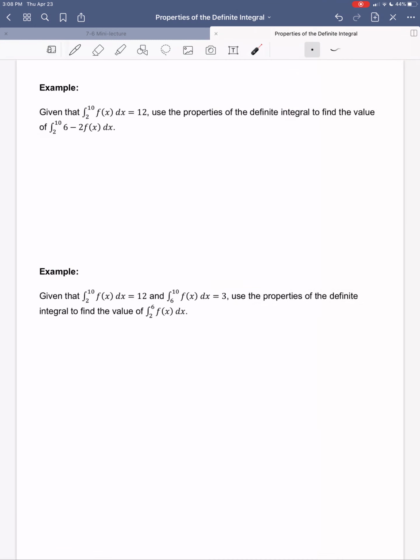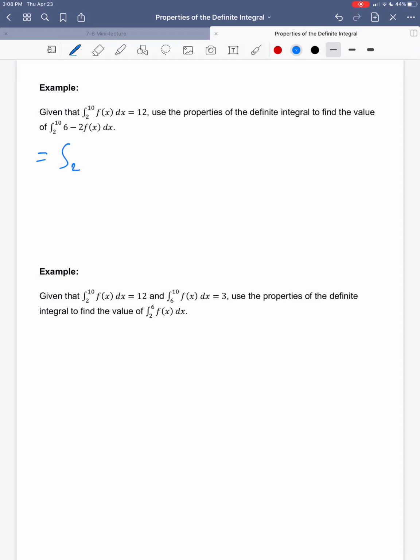Here's a couple examples of what we could do with this. If I'm given that the integral from 2 to 10 of f of x is equal to 12, so I don't know what the function is, but that's the value, how can I evaluate this integral here? First of all, that's the difference. I can write that as two integrals.